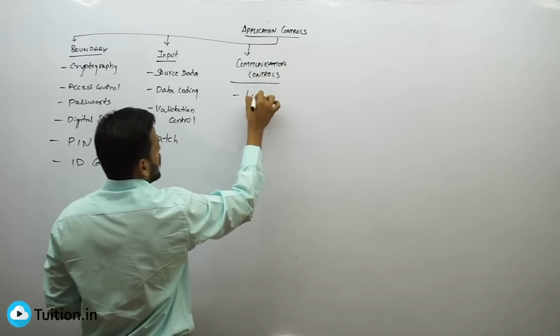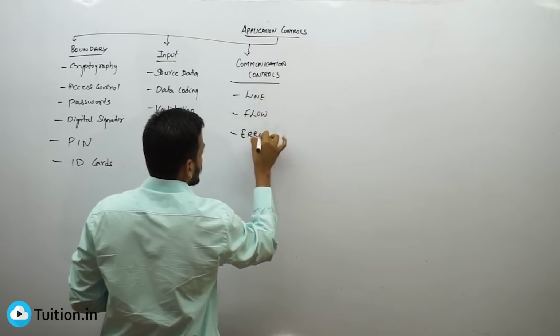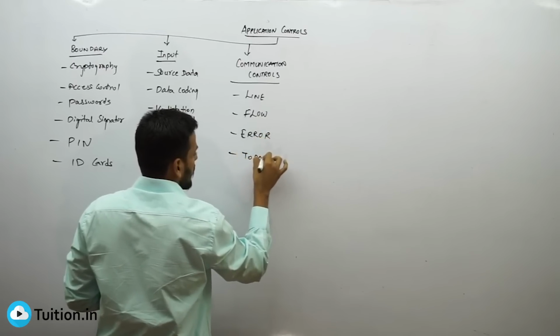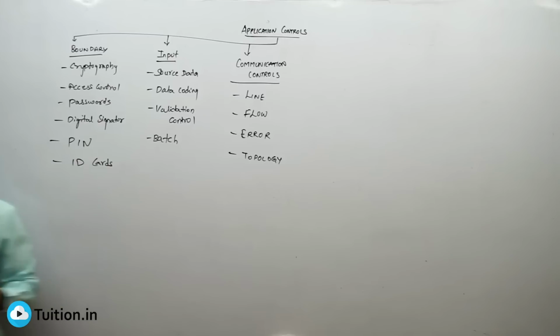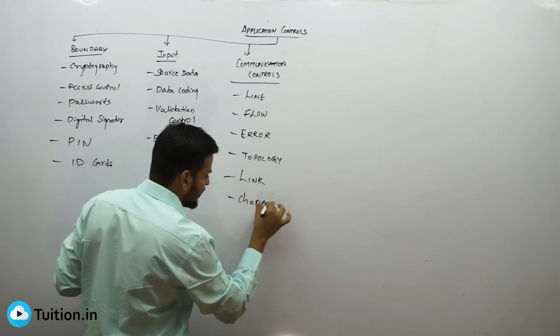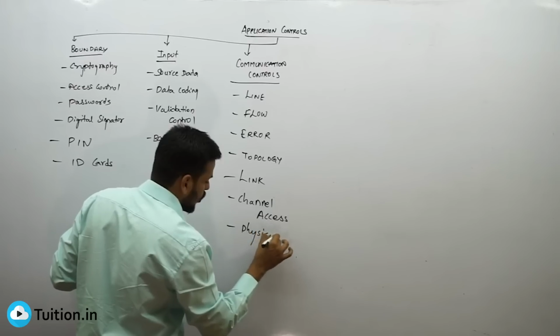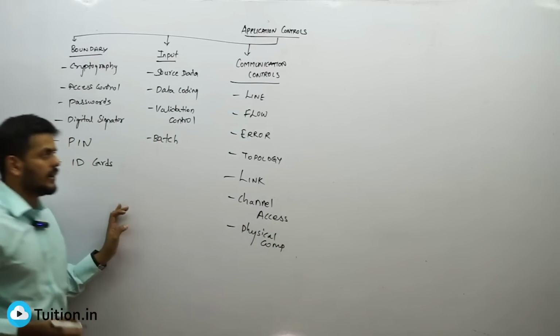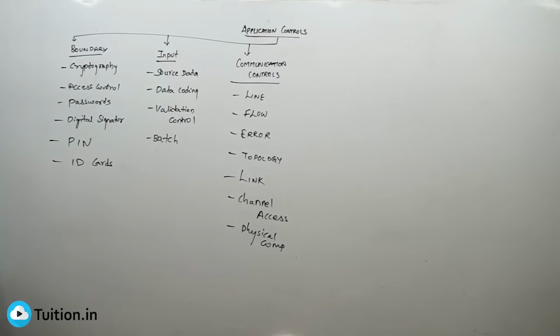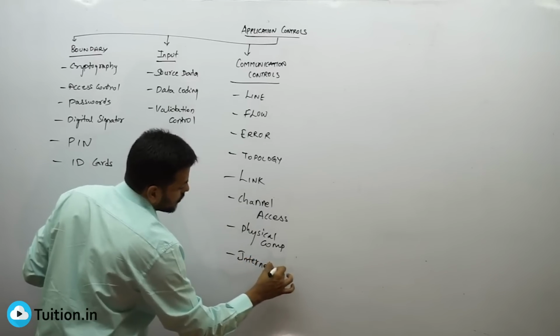When you're talking about line controls, flow controls, error controls, topology controls: communication line control, component control, line error or flow error controls, and then topological controls, link controls, channel access control (who can access the channel), and physical component controls. Line controls, flow controls, channel access controls, and of course lastly internetworking controls.